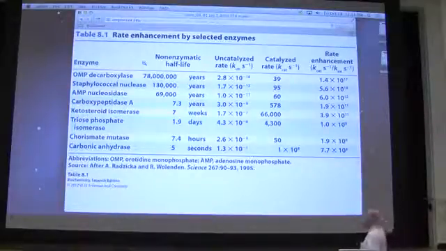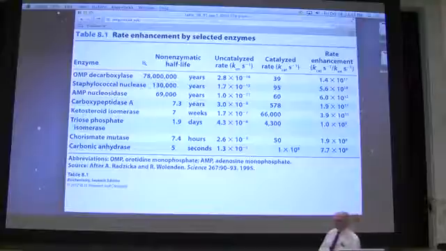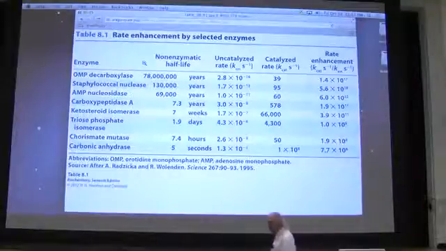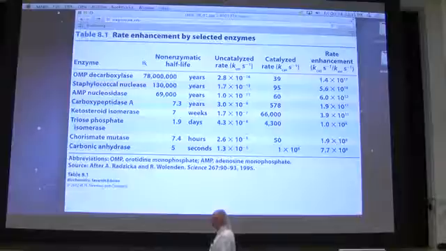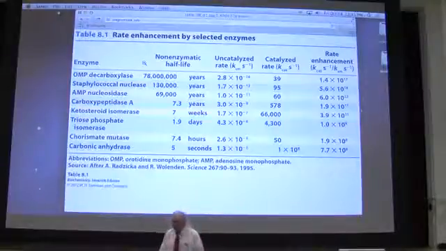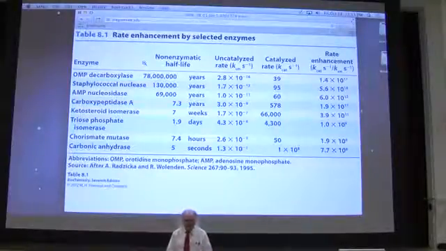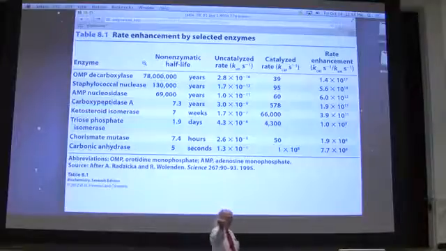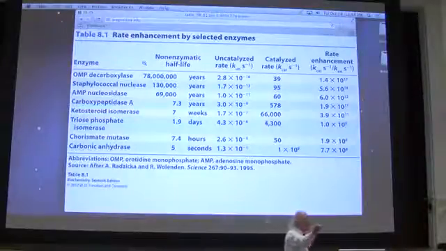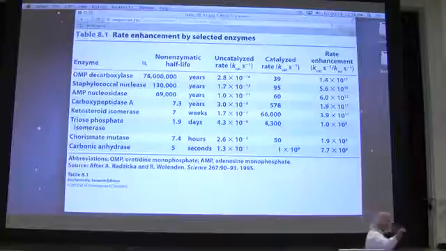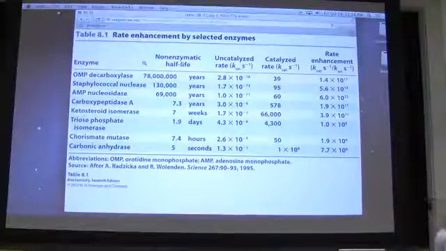This says that this enzyme will produce 1 million molecules of product per molecule of enzyme every second. I take one enzyme molecule, I take the things it catalyzes, and 1 million of them will be converted into product per second.